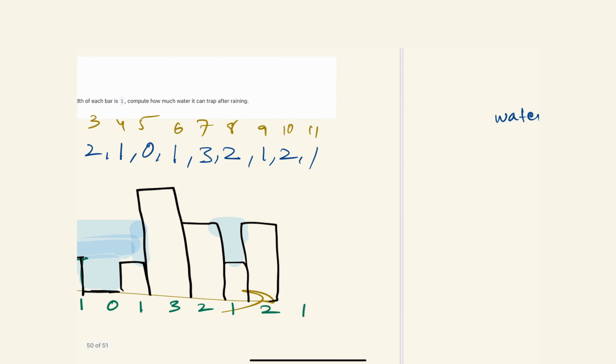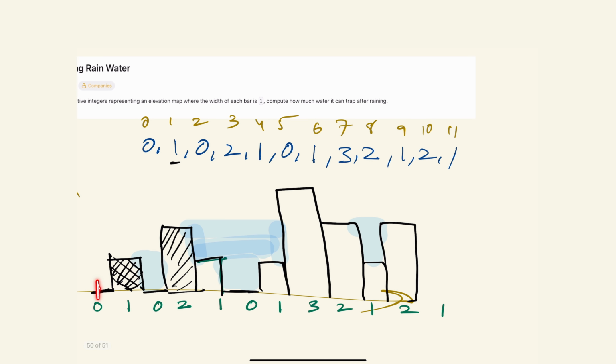Let's go back. At this position, what is the right max? It is 3. What is the left max? It is 0. So at this position, left max is 0, right max is 3. Now, if I come here, then the left max will be 1 and right max will be of height 3.